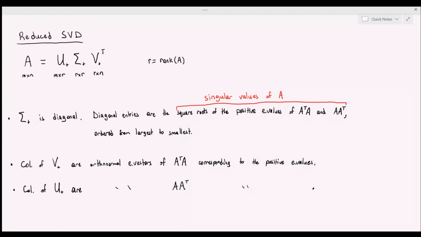So for the reduced singular value decomposition, we only need to look at the positive eigenvalues, and we can ignore any 0 eigenvalues that they may have had. And because we're only looking at the positive eigenvalues, that's why I placed a plus sign as a subscript on each of them, just to emphasize that it's really looking only at the positive eigenvalues. Okay?